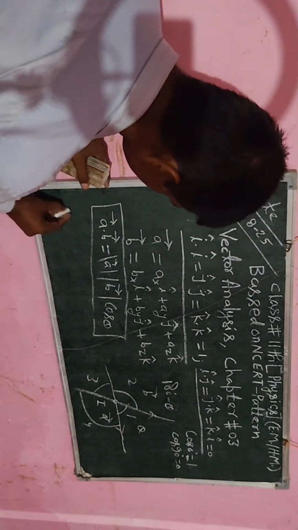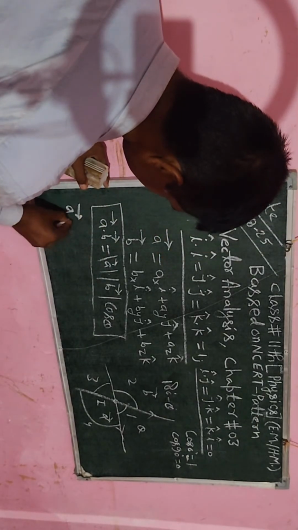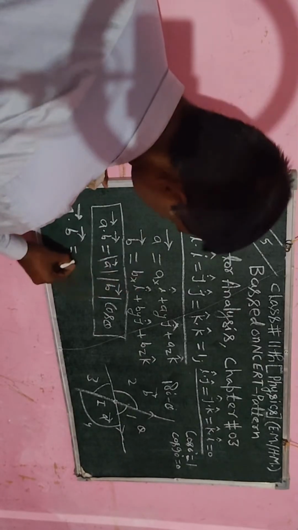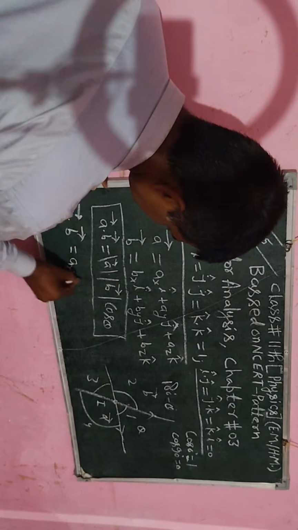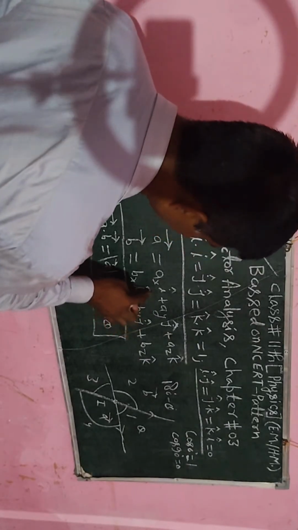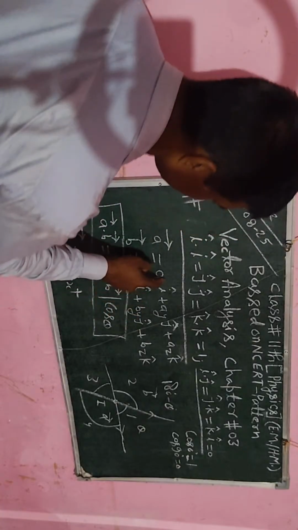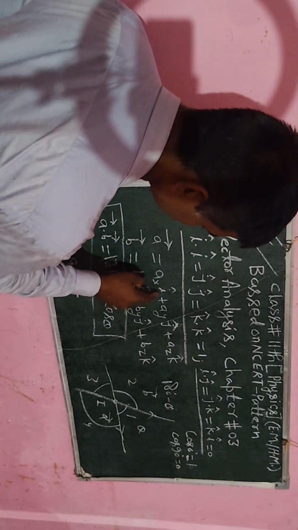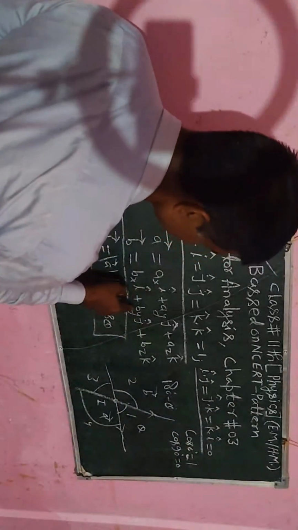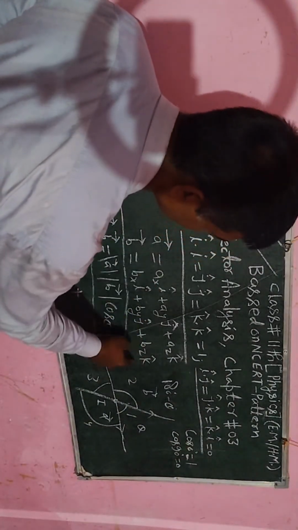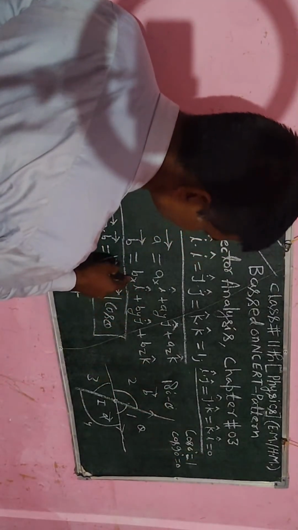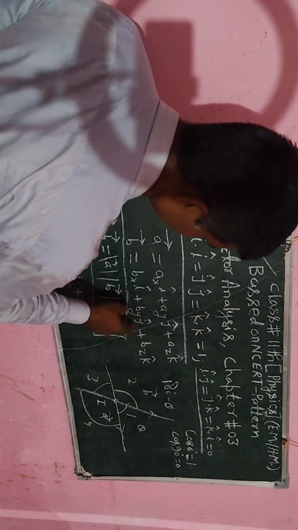So here I will multiply vector a dot vector b, which is equal to ax into bx, plus here I will write ax into by, because i into j has value 0, so that term will be 0, and i into k, that term is also 0. Now bx into j, that term will be 0, and j into j will be 1.